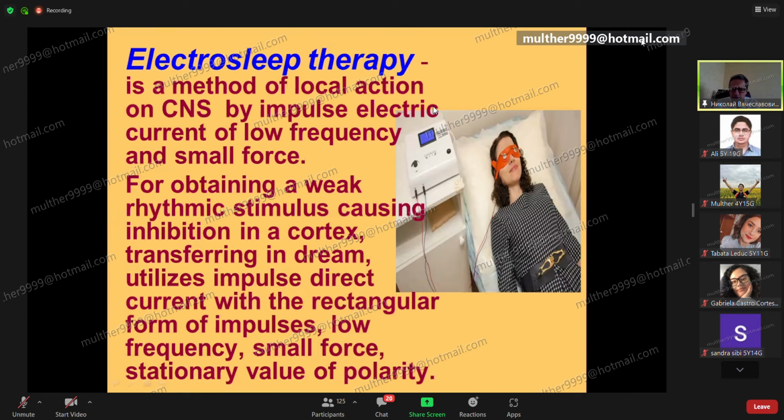It is a method of local action on the central nervous system by impulses of electric current of low frequency and small force, for obtaining a weak rhythmic stimulus causing inhibition in the cortex, transferring into sleep. It utilizes impulse direct current with a rectangular form of impulses, low frequency, small force, and stationary value of polarity.